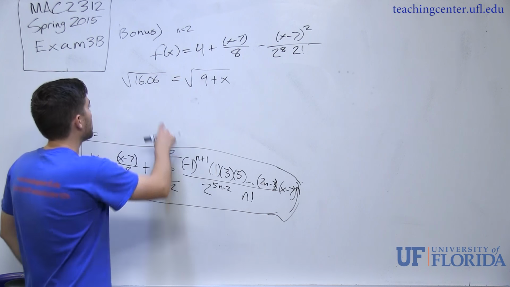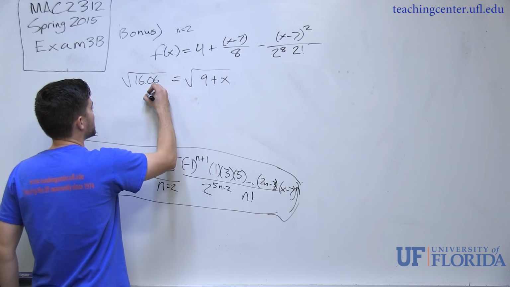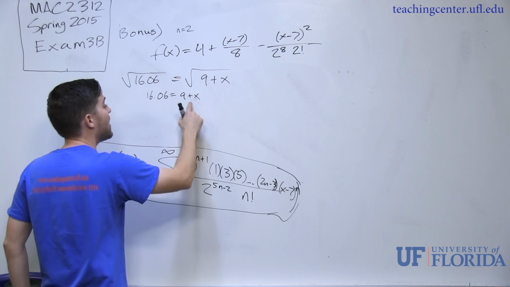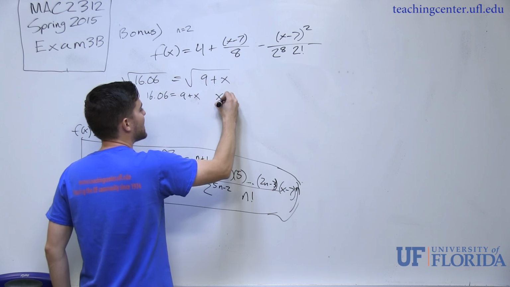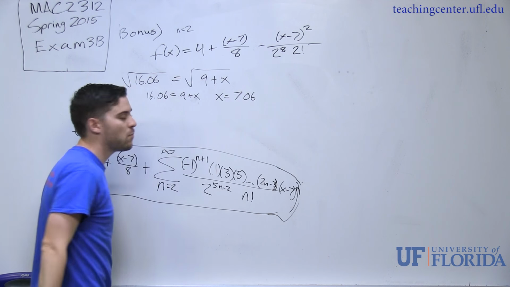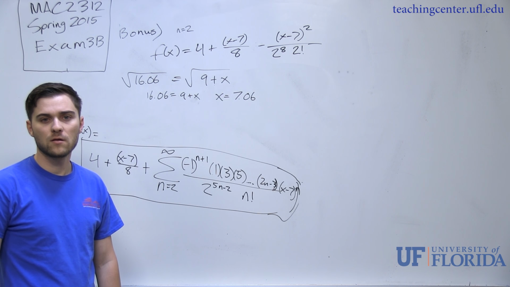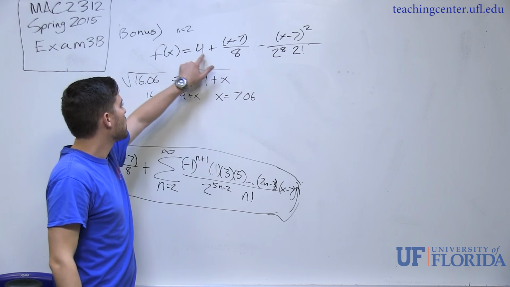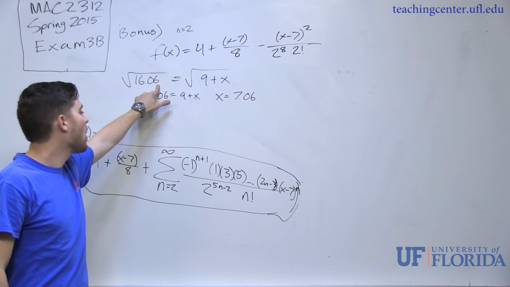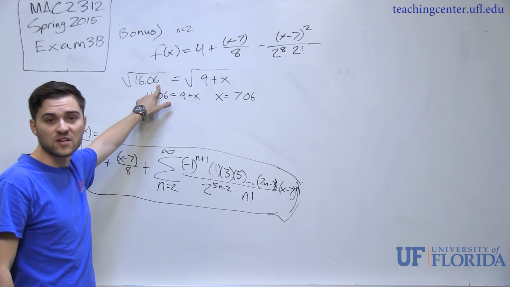So when I go through and try to solve this, if I square both sides, 16.06 is equal to 9 plus x. If I subtract off 9, that tells me that my x value that I want to plug in is 7.06. This value, when plugged into here, will give me an approximation of square root of 16.06.